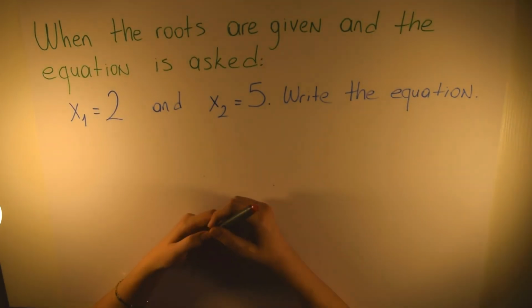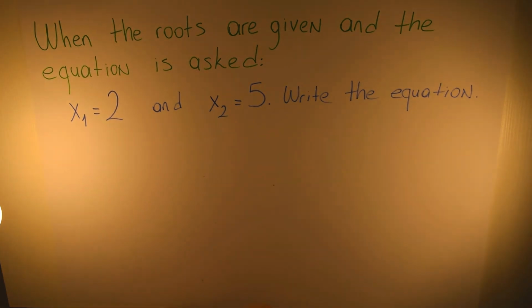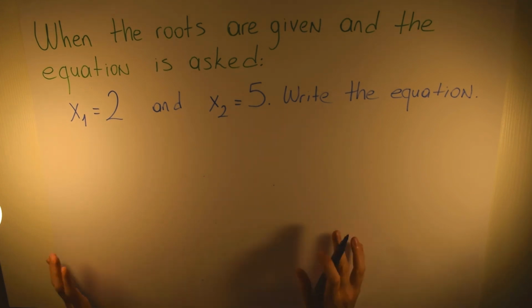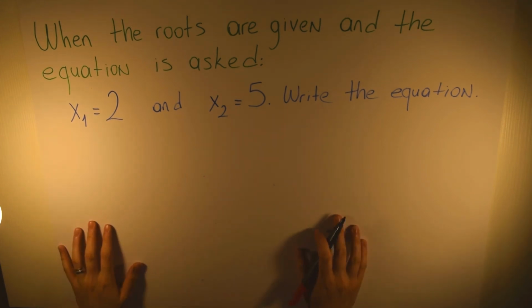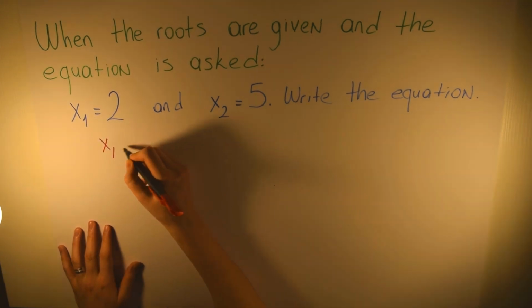When the roots are given and the equation is asked. So here they will give us the roots and we will try to find the equation. So let's say they give us the roots as x1 and x2.